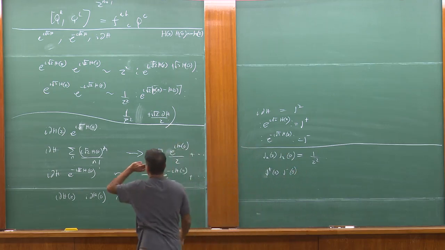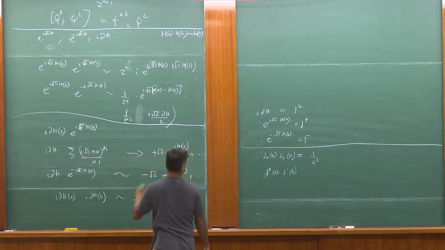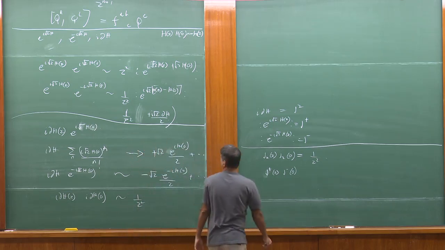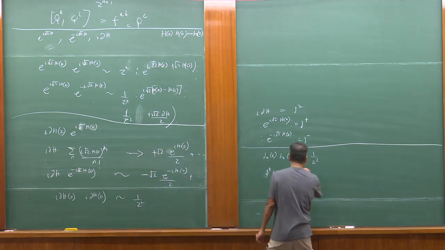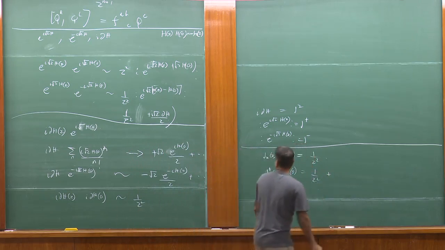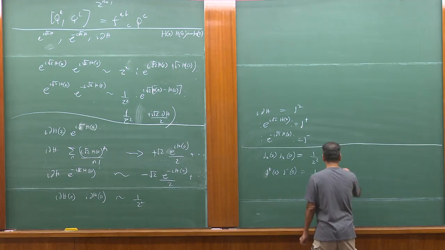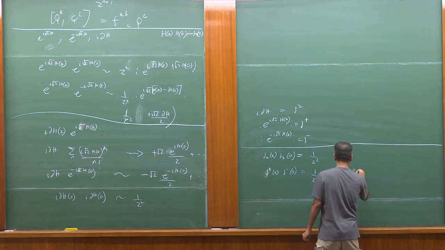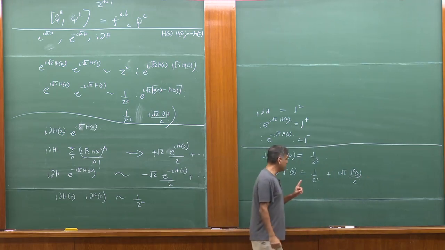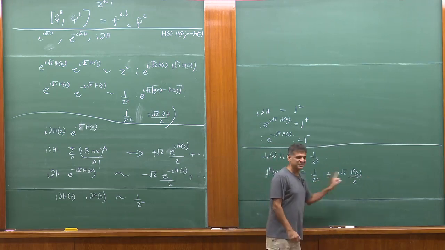I'm writing only the non-trivial ones. So this one is equal to 1 by z square plus i square root 2 Jz of 0 by z. You need to keep your wits about you to distinguish z from 2.